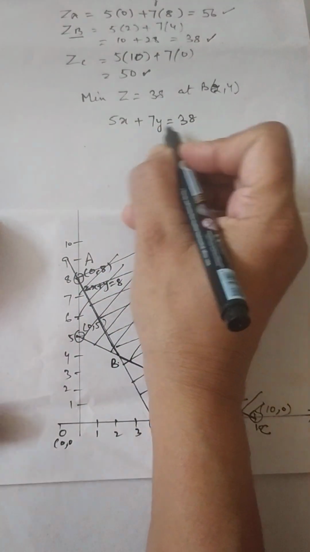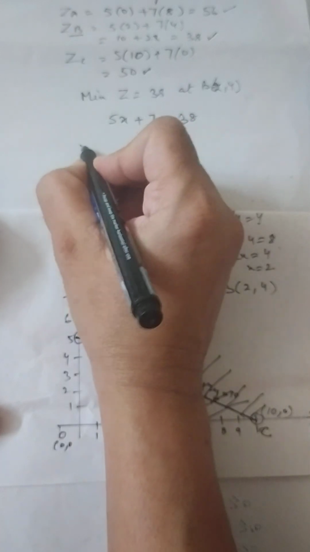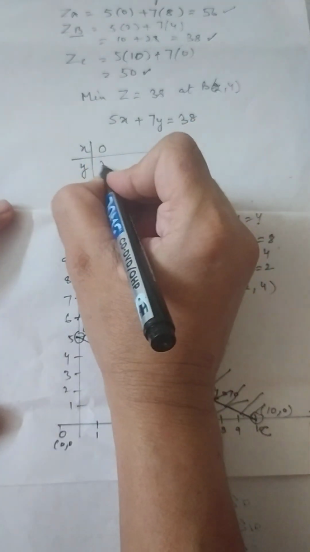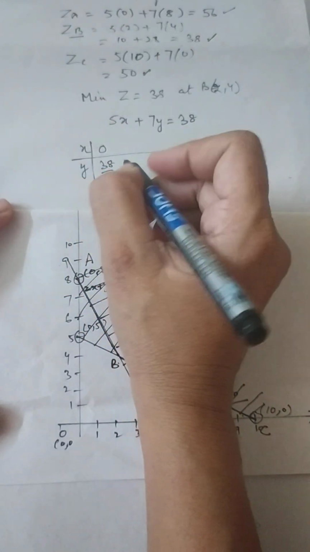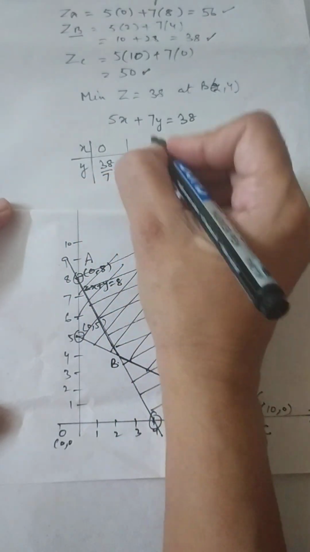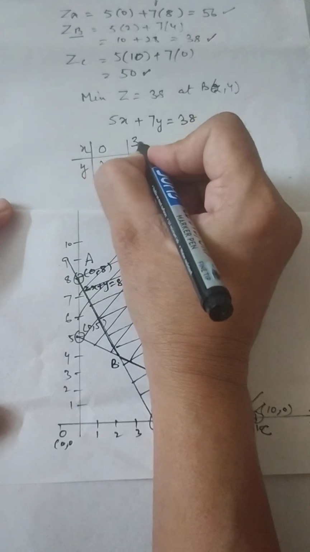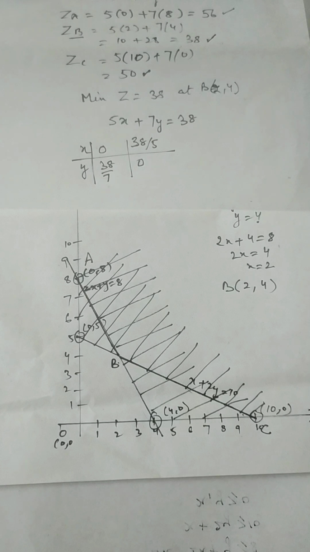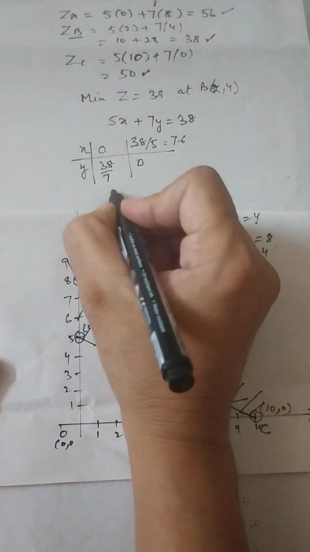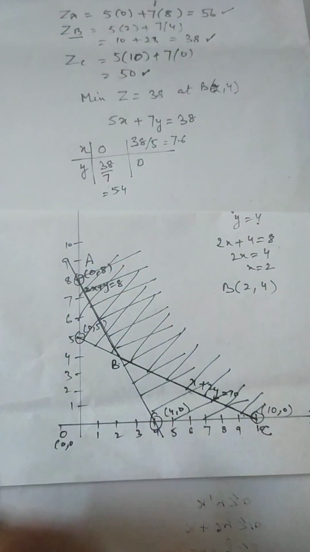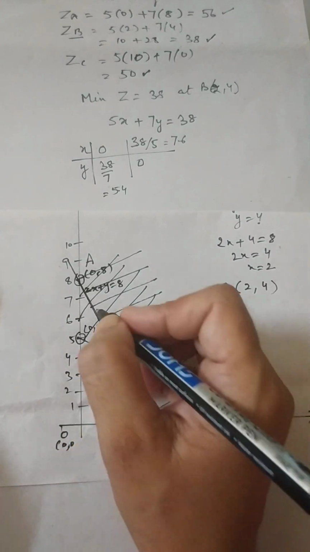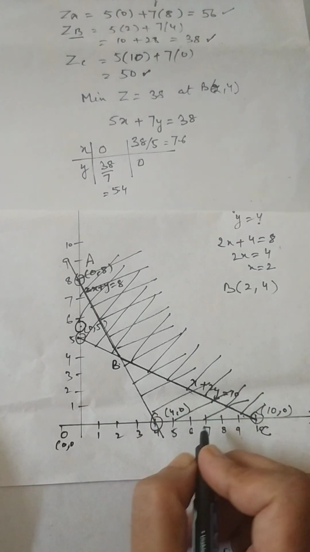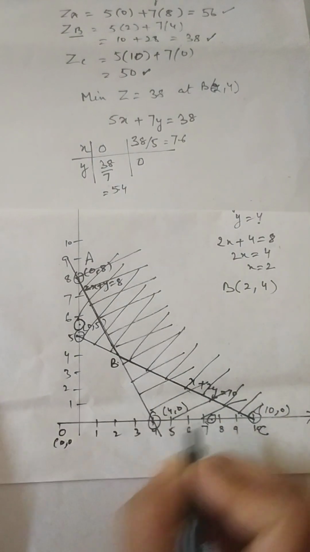For plotting the graph of 5x plus 7y equal to 38, I have to make the table again. So when x is 0, your y is 38 by 7, which is approximately 5.4. When y is 0, your x is 38 by 5, which is 7.6. So we will plot it. 0 and 5.4 would be somewhere here, and 7.6 somewhere here, right?